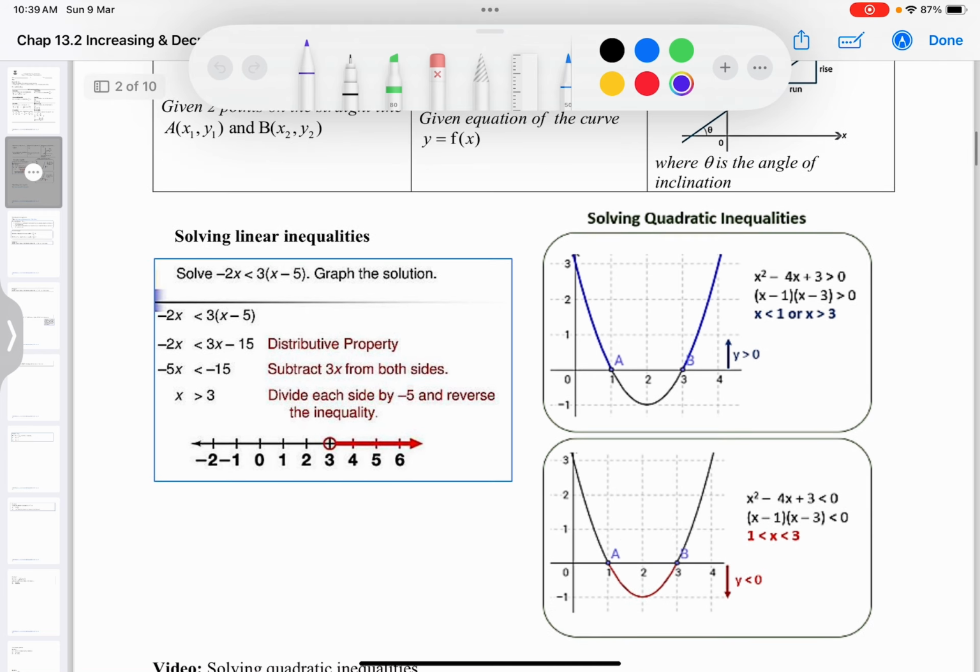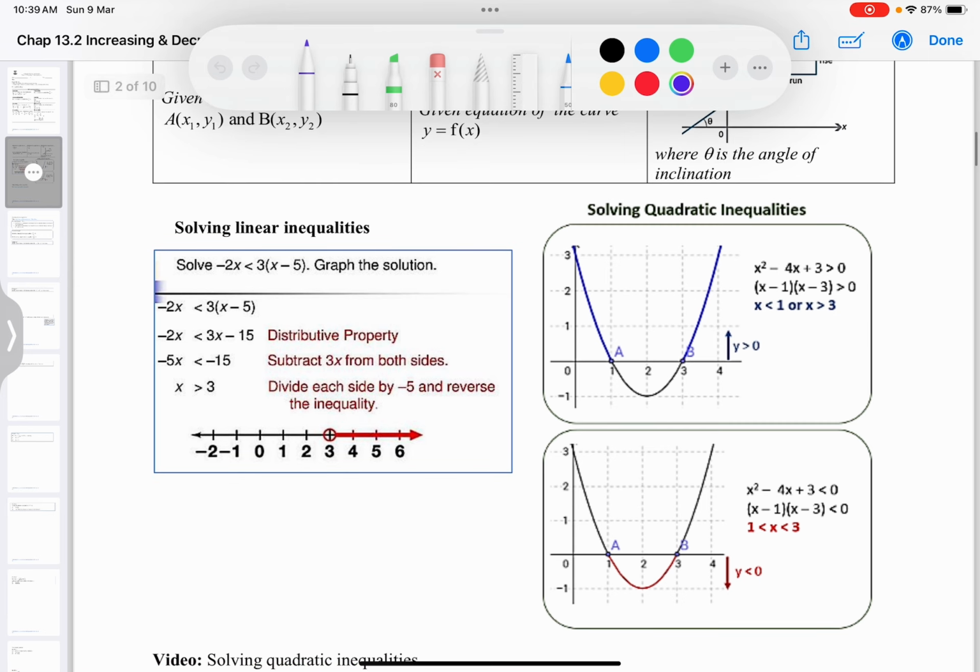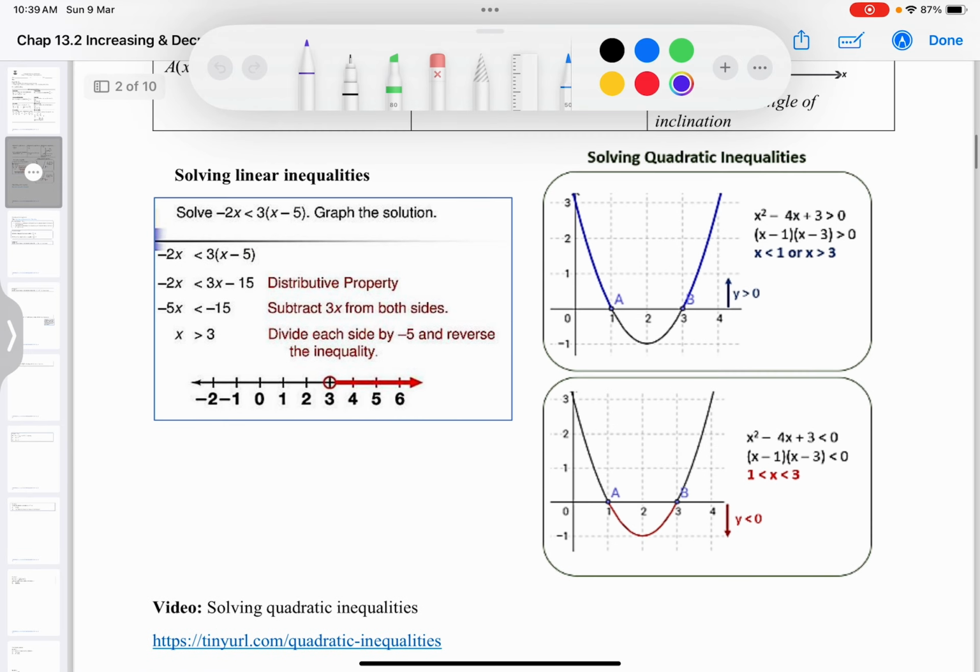Okay, so first, you need to recall all these things about solving inequalities, solving quadratic inequalities, which we have already revised as we are preparing for our WA1. So I will not be going in depth, but I do want to help you recall that when we have to solve a quadratic inequality, we will have to factorize first.